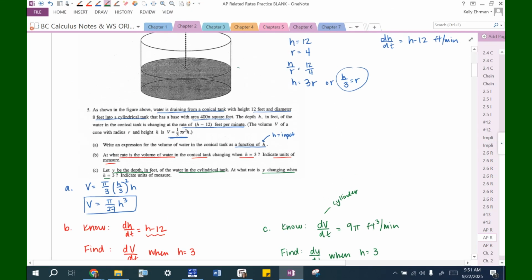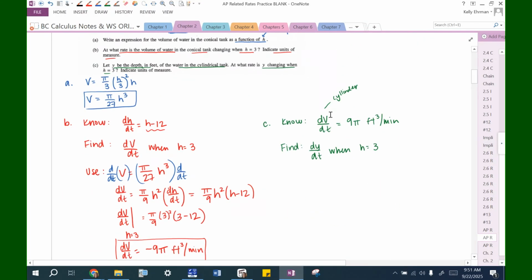Y is the height here of the water, or the depth, I should say. Indicate units of measure. So what are we going to use? We don't want to use the volume of a cone. That's not going to work out. But I do want to use the volume of a cylinder. Volume of a cylinder, in general, is the area of the base, which is a circle, times the height.